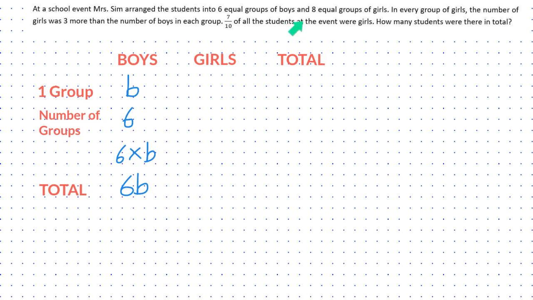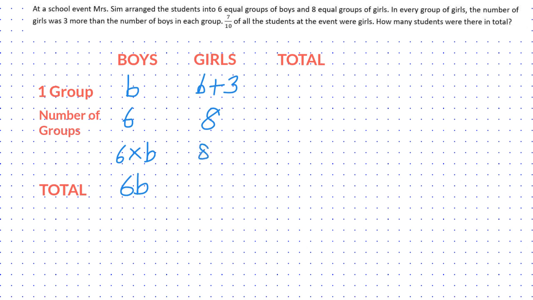So next, we are told that there are 8 equal groups of girls. It goes on to say that the number of girls was 3 more than the number of boys in each group. So now we are able to come up with an expression for the number of girls in one group in terms of B. So that would be B plus 3. So there are B plus 3 girls in one group and there are 8 such groups.